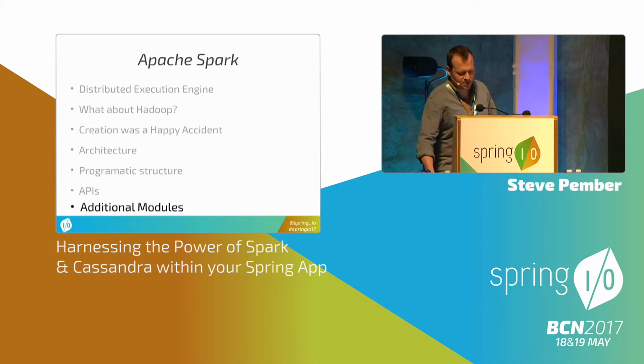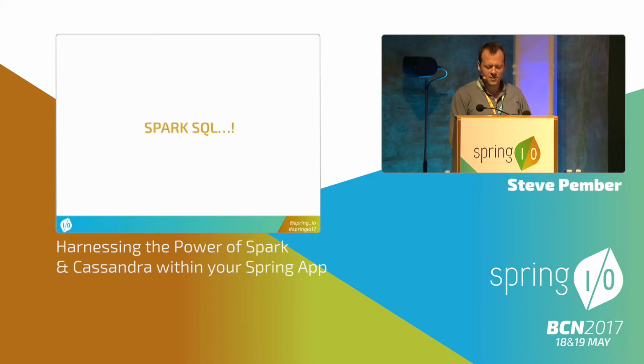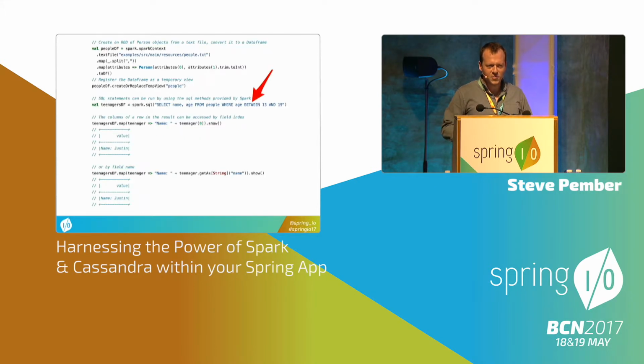Spark is somewhat infamous because it's got several additional modules that you can work with besides just the basic Spark core. Two of the most important ones, I think, are Spark SQL, which is cool, but not as useful as you might think. It adds a new object called a DataFrame, which allows you to execute SQL queries against that DataFrame, which is great, right?